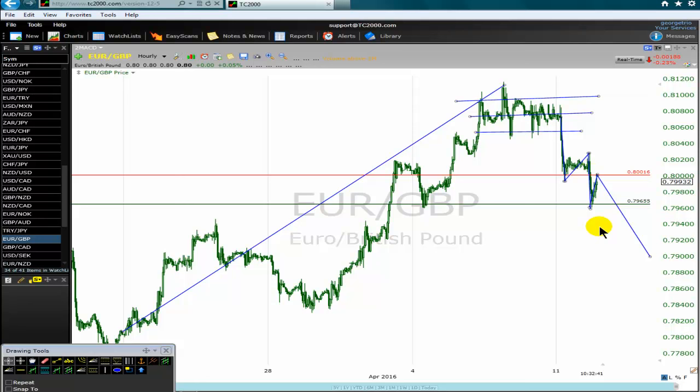If there is a reversal, this will be a definitive support level for this 1, 2, 3. But if the price finds a resistance here, it means that this bearish trend will continue. Am I making sense to you?